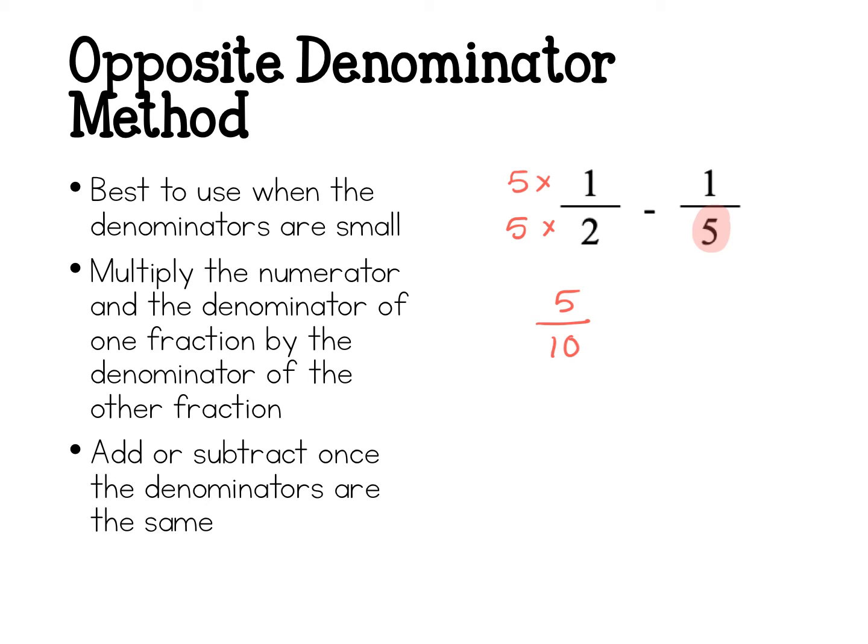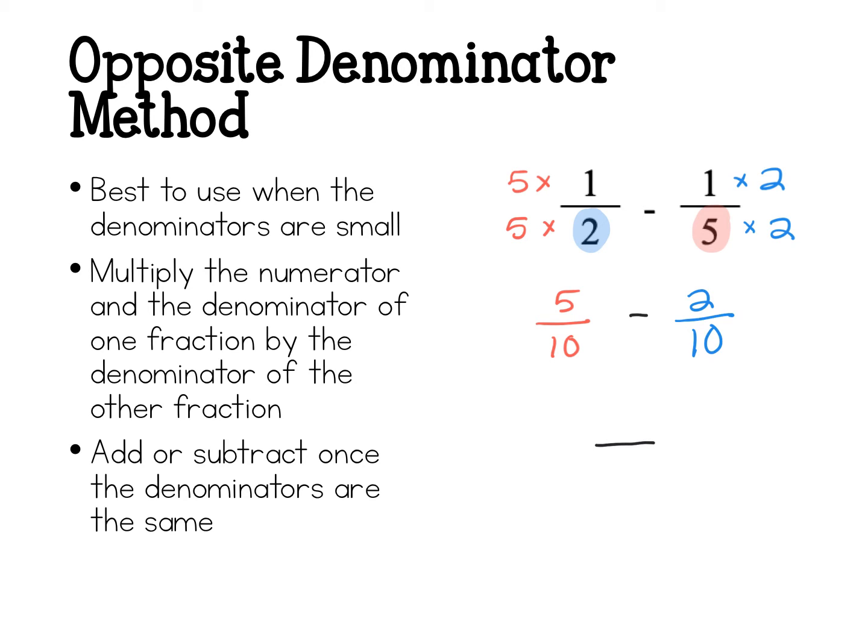When I look at 1/5, I'm going to multiply by the denominator of 1/2, which is 2. And that gives me 2/10, which is an equivalent fraction for 1/5. So now I've created equivalent fractions that have the same denominator so that I can easily add or subtract.